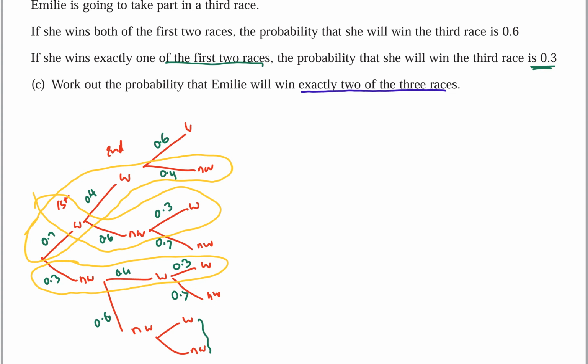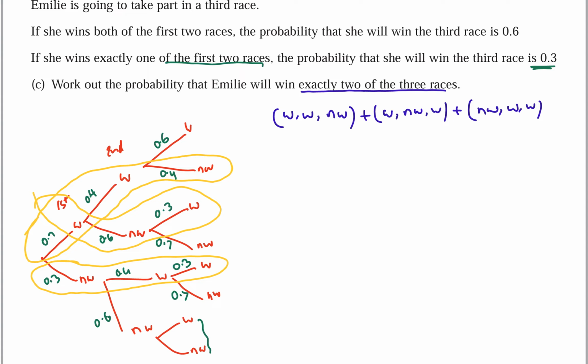So that is possible if there is a win, win, and a not win, plus a win, a not win, and a win, and plus it will be a not win, a win, and a win. So these are the 3 ways that Emily can win exactly 2 of the 3 races.